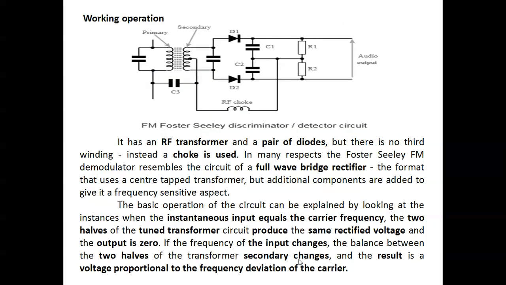Next is the working operation. See the diagram. We have the transformer, primary transformer and secondary transformer. The total setup we can call an RF transformer, and a pair of diodes is also present in the circuit diagram, and then RF chokes, then diodes, then capacitors.